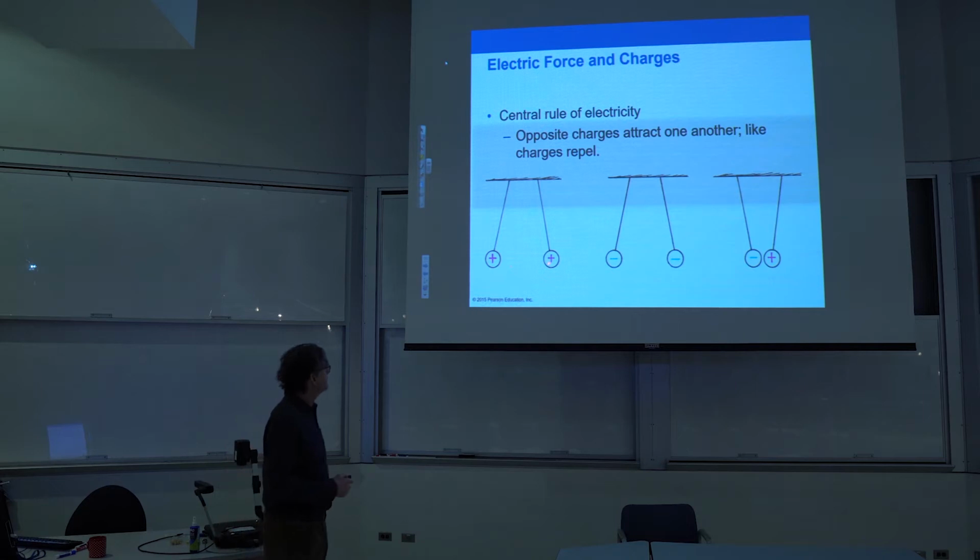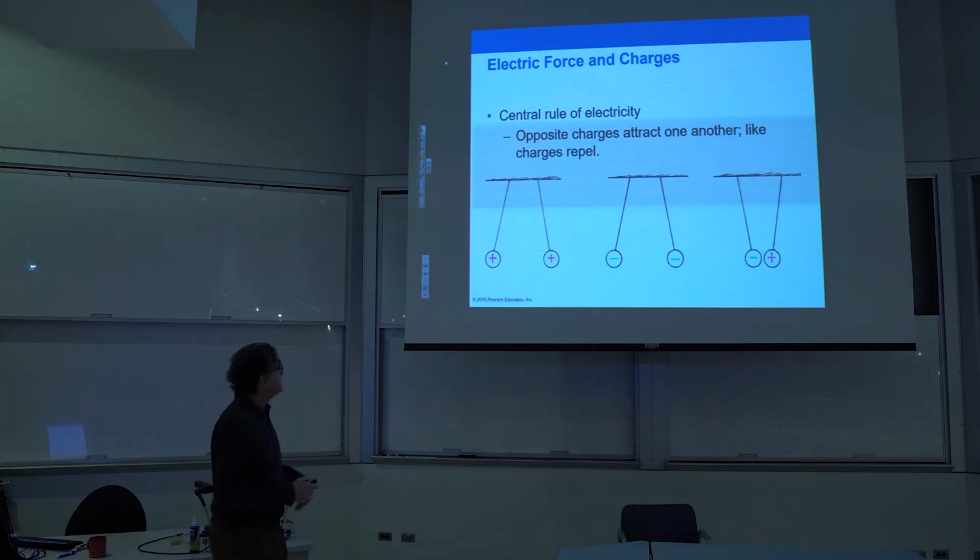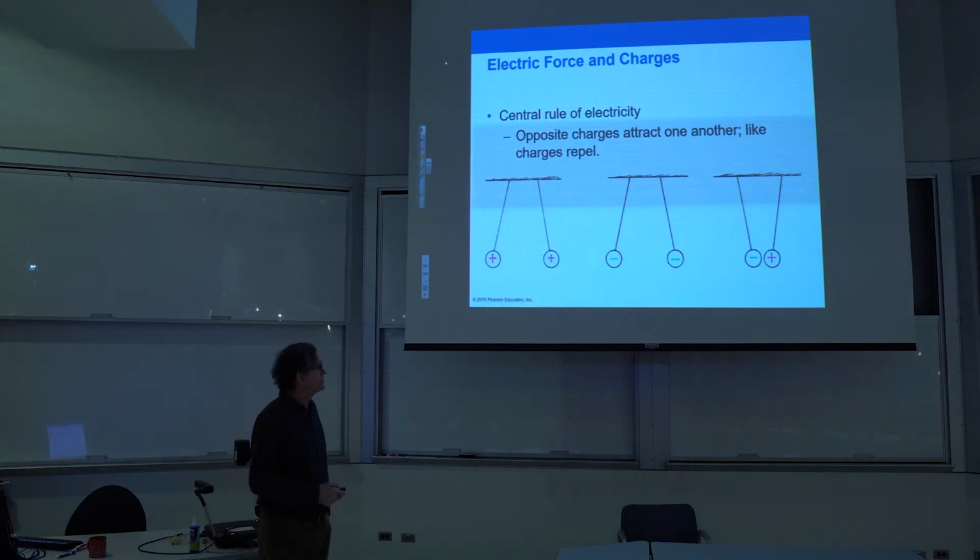But because there's repulsion between them, they separate, and the distance between them increases until they reach an equilibrium where the gravitational force pulling them back in is balanced by the repulsion force. So whether there's two positives on two different balls or two negatives, they will both experience a repulsion between them.